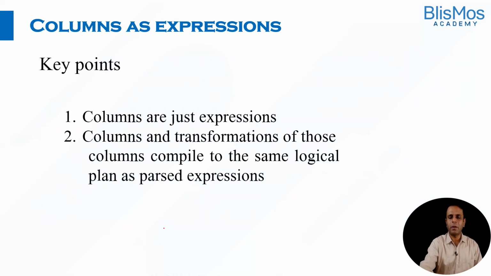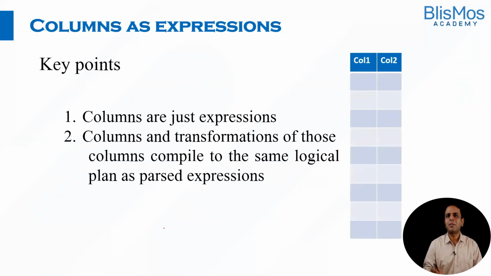Key points to remember is columns are just expressions. So columns and transformations of those columns compile to the same logical plan as parsed expressions. What it means is, let us say you are trying to refer one particular column and create an expression out of it. Columns and also transformations of these columns whichever we are referring to compile to the same logical plan.